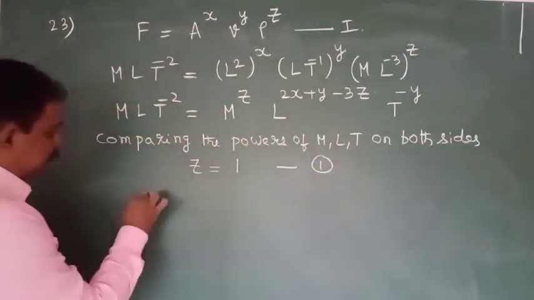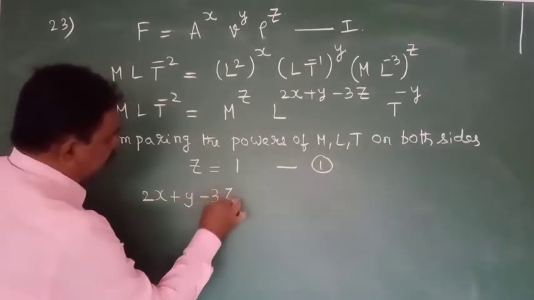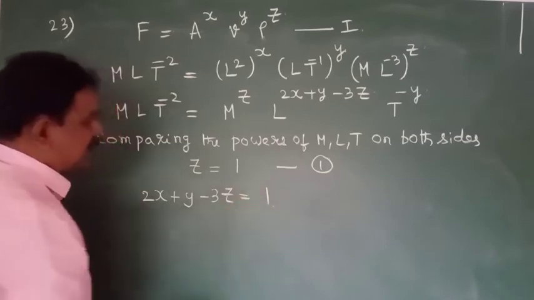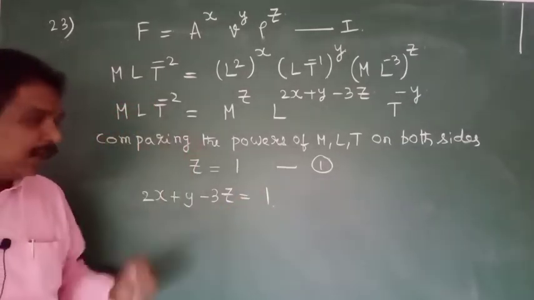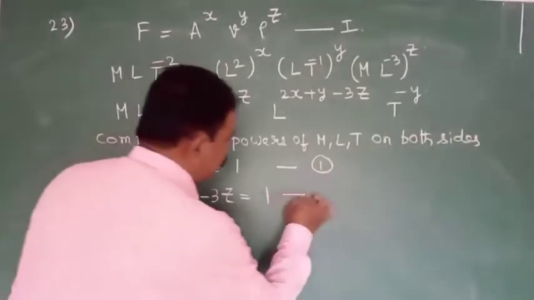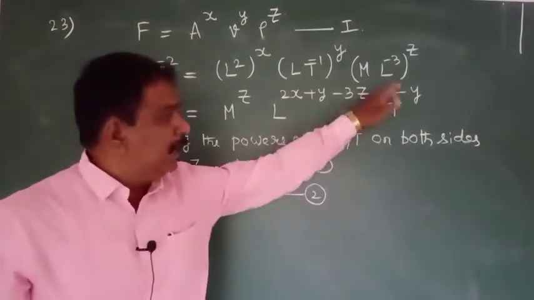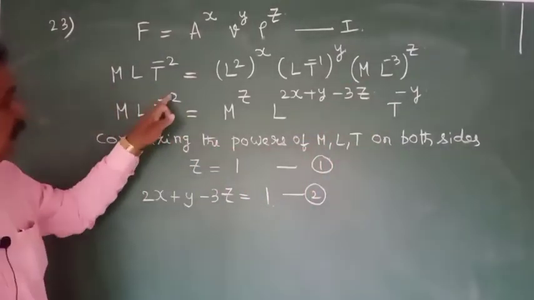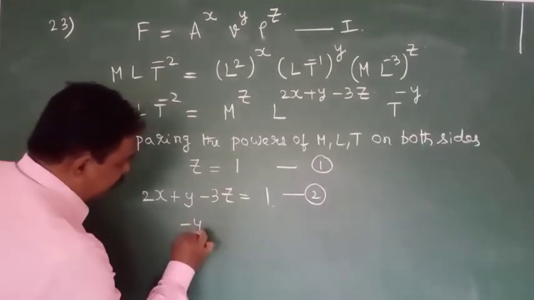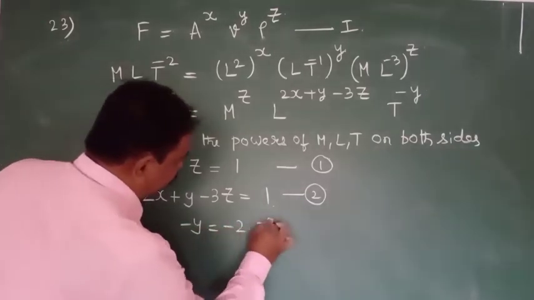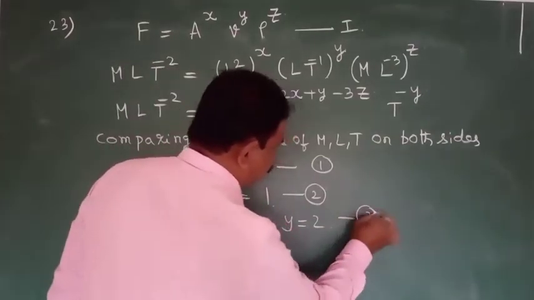Here 2x, L I am considering, plus y minus 3z is equal to 1. Here L power nothing is there, means L power 1 is there. Okay. Next, here T power minus y is there. Here T power minus 2 is there. So minus y is equal to minus 2. y is equal to 2.